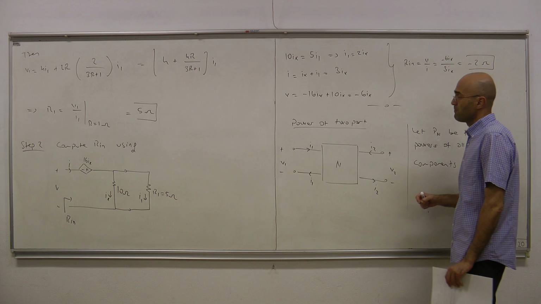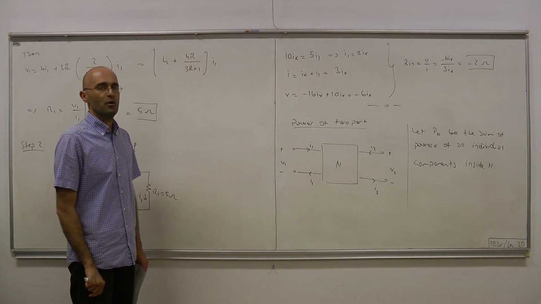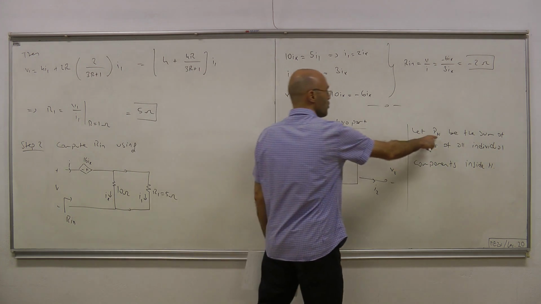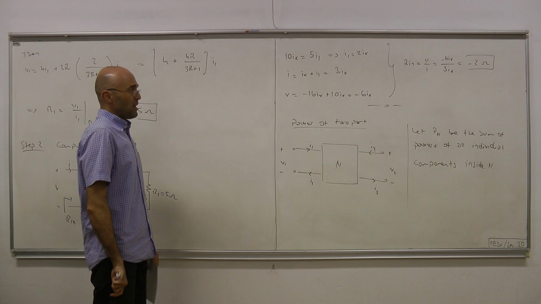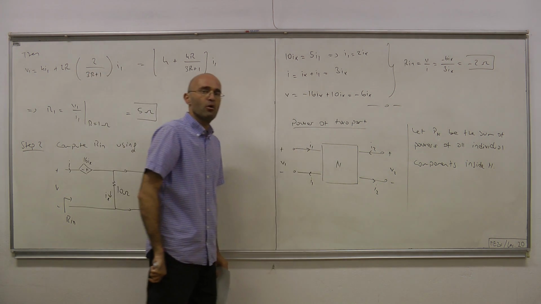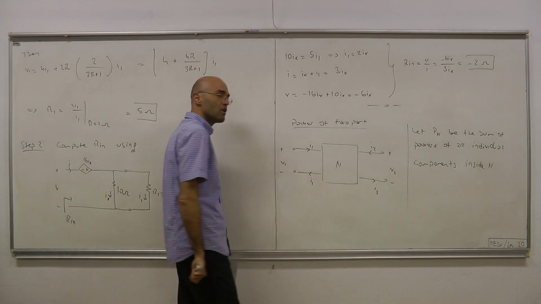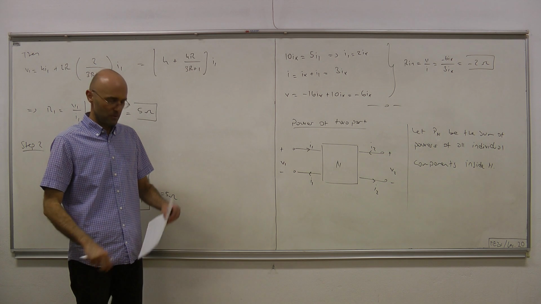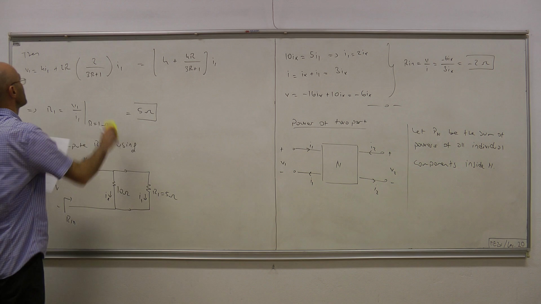But thanks to Tellegen's theorem, to compute this quantity, which by definition is the sum of many sub-quantities, you don't have to look inside the circuit. All you have to know is just the current and voltage at the port terminals. So here we have a very elegant theorem.